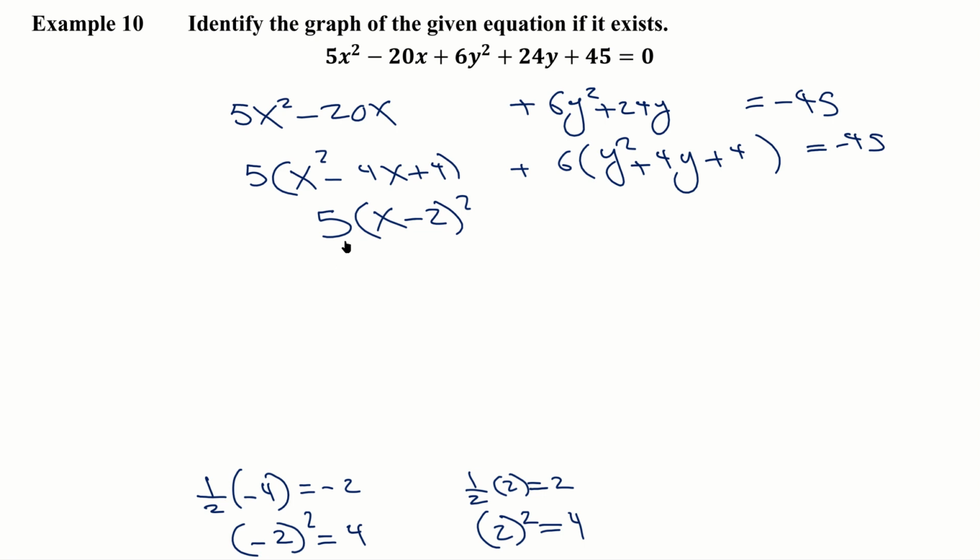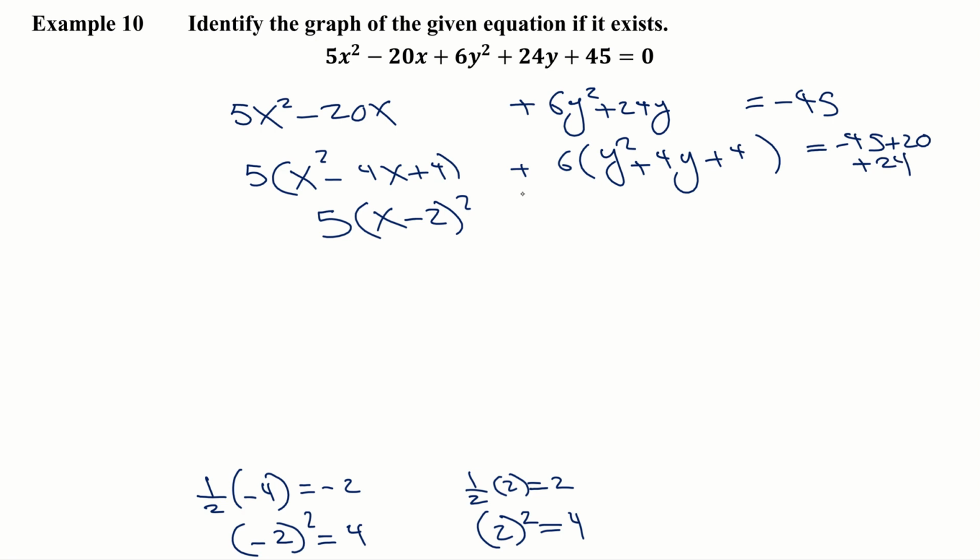But let's be consistent. Before we move to that step, let's realize here for this one we added a 20. For this one we added a 24. So plus 20 plus 24. Okay, just to make sure we don't forget that.